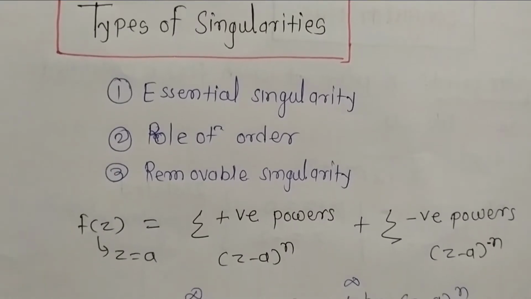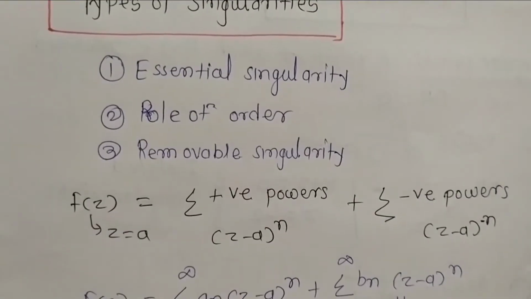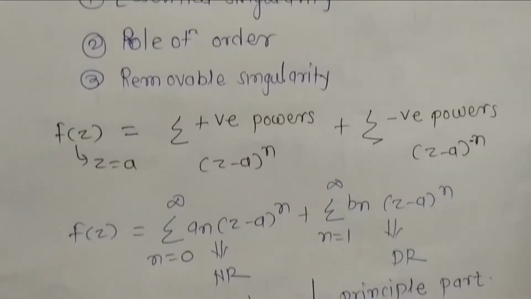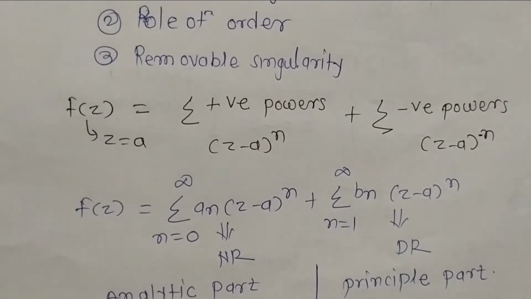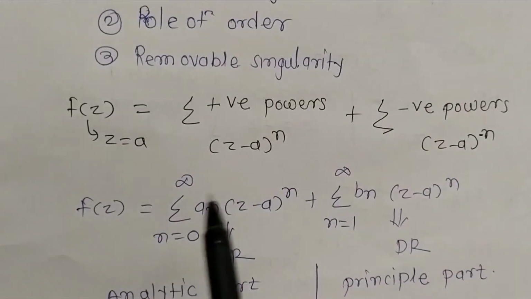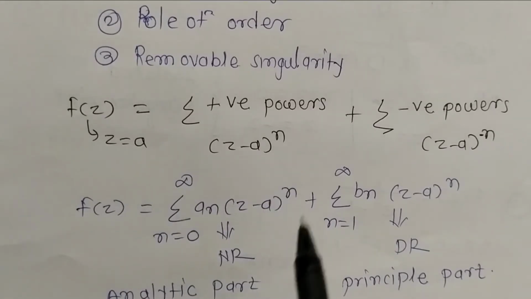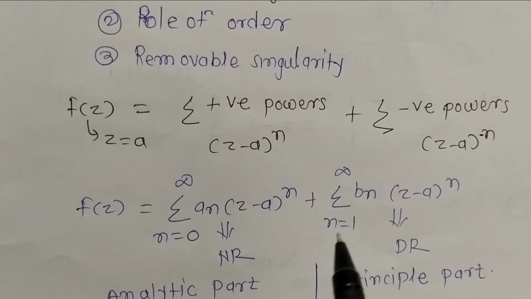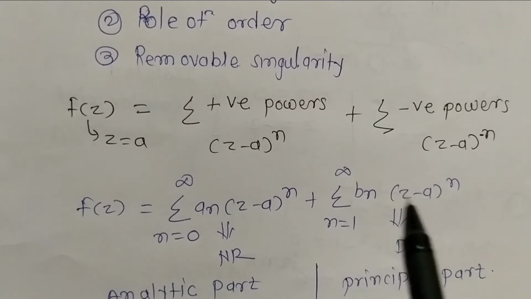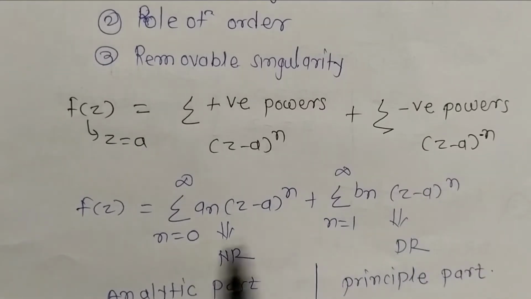That is, f of z is the summation over n from 0 to infinity of a n times (z minus a) raised to n, plus the summation over n from 1 to infinity of b n times (z minus a) raised to minus n. This term is a numerator term and this term is a denominator term.